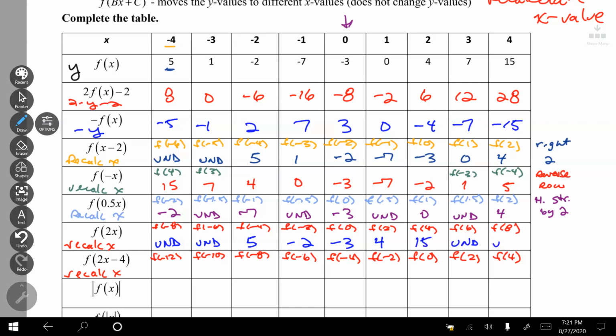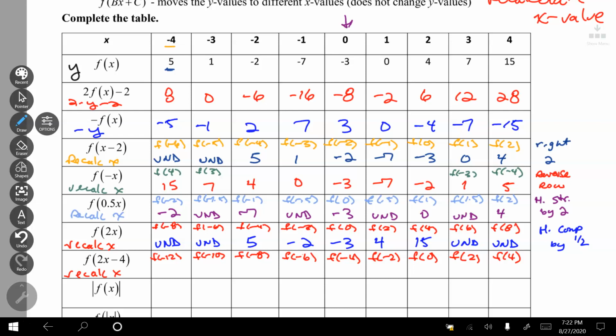And these last 2 are undefined. And this has been a horizontal compression by a half. Here's the center of the table. y equals 4 was 2 squares away from the center, and now it's 1 square away from the center.